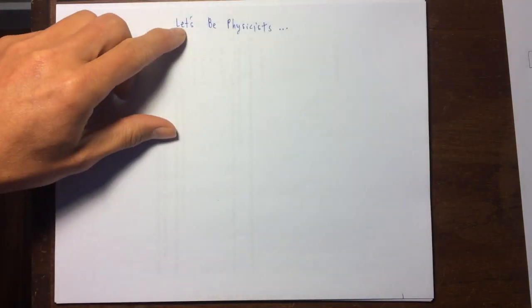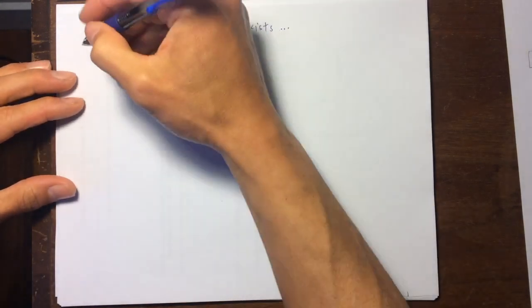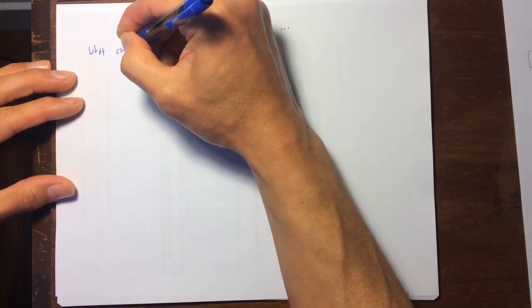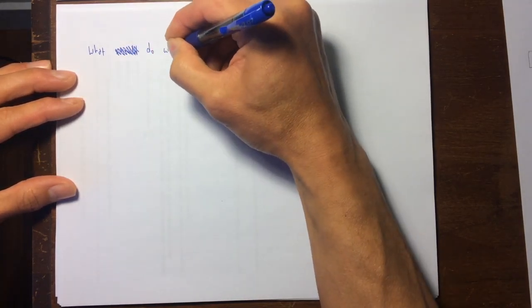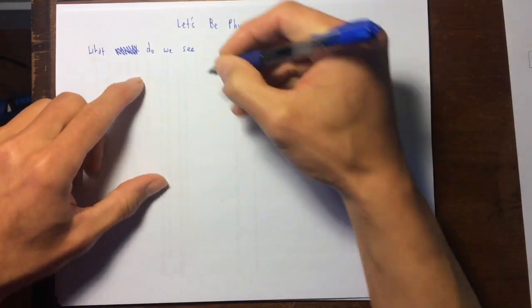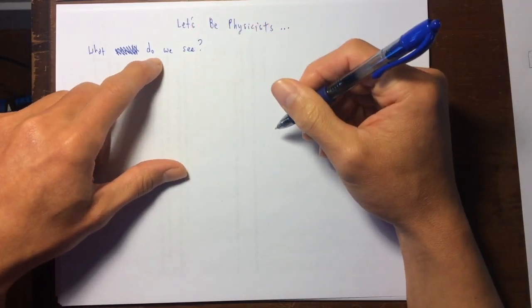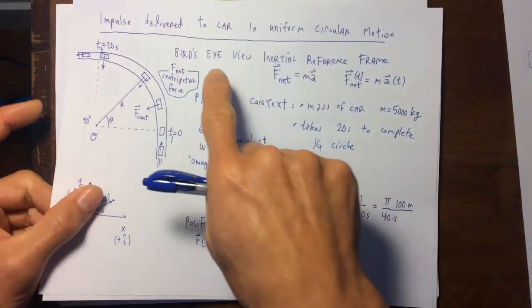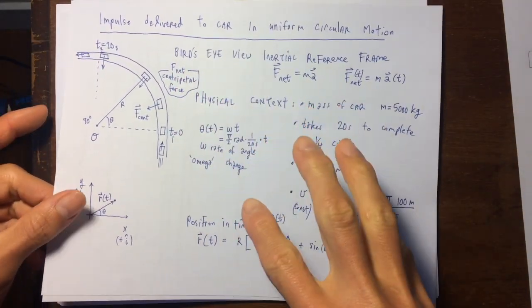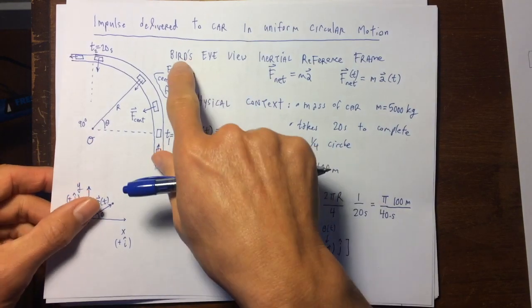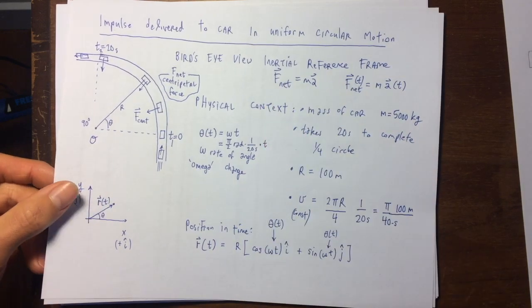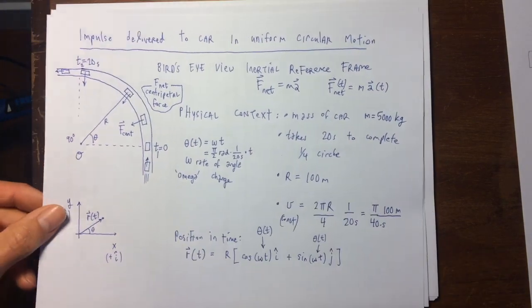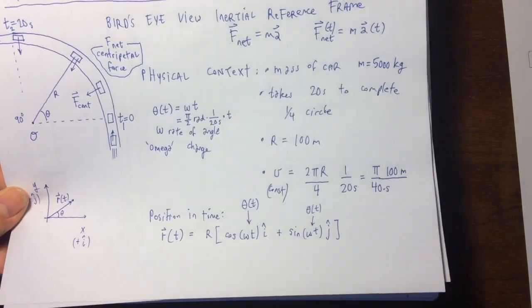Okay, so let's be physicists. What do we see? We're supposed to have the bird's eye view. You don't have to have it all the time, but this is a particularly nice place to stand because you get to use inertia and inertial laws, Newton's laws of motion, on which the momentum impulse theorem depends.